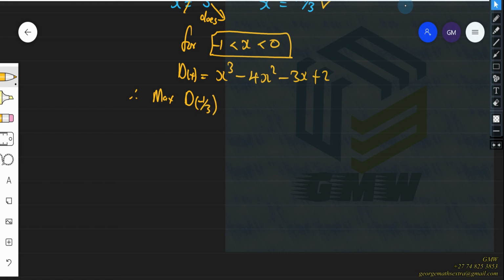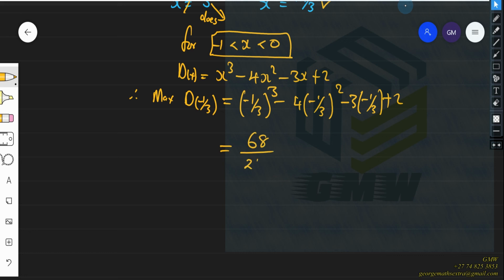The answer we got, our x value is minus 1 over 3. So wherever there is x, I'm putting minus 1 over 3 for our distance. Now, if you punch a calculator for this, you will get an answer 68 over 27. You can change this to decimal and round it to 2 decimal places as demanded by the instructions. So you will get 2.52 units.